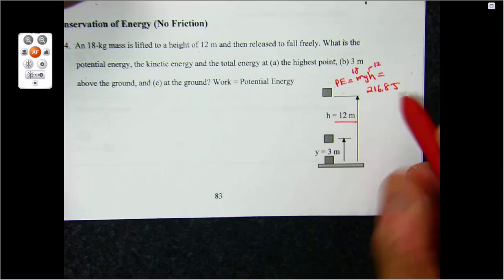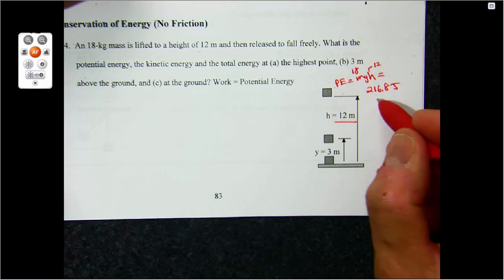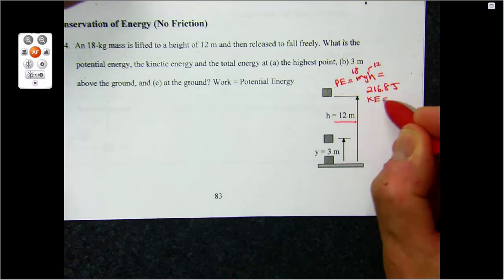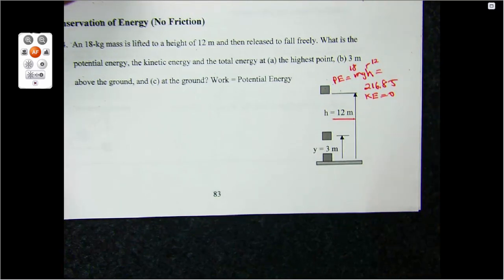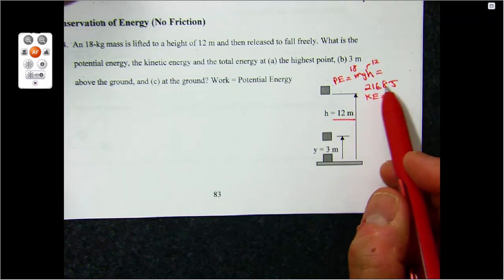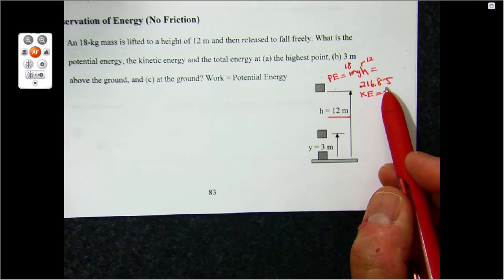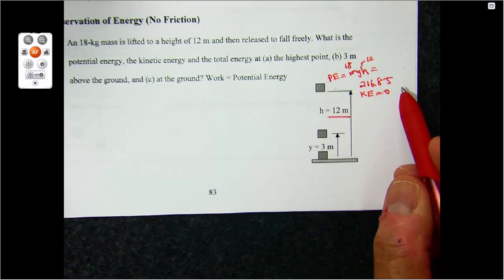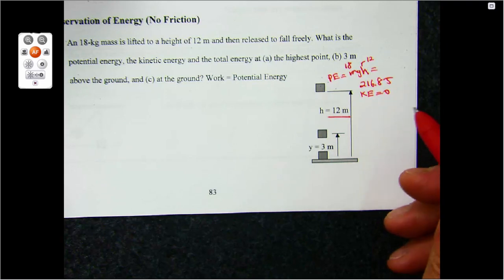It's lifted. What's the kinetic energy up here? Kinetic energy equals 0. So the kinetic is 0, the potential is 216.8, and the total is 216.8, right? Now it's 3 meters above the ground.